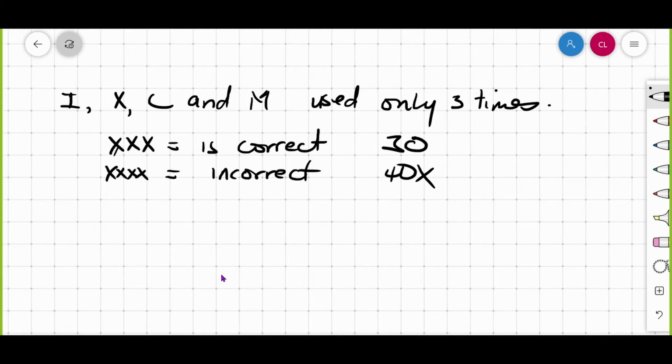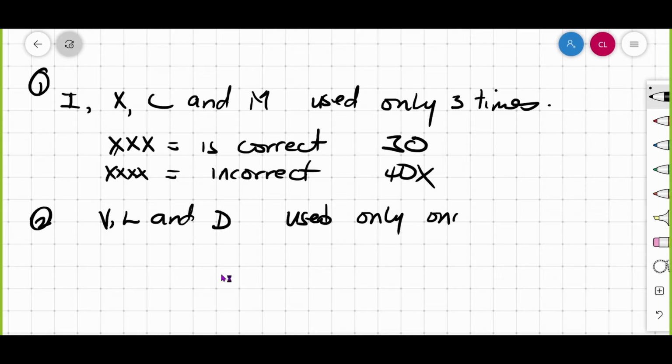Now that's one rule. Another rule: the numerals V, L, and D can only be used once. Anywhere you see it, V is equal to 5, L is equal to 50, and D is equal to 500.